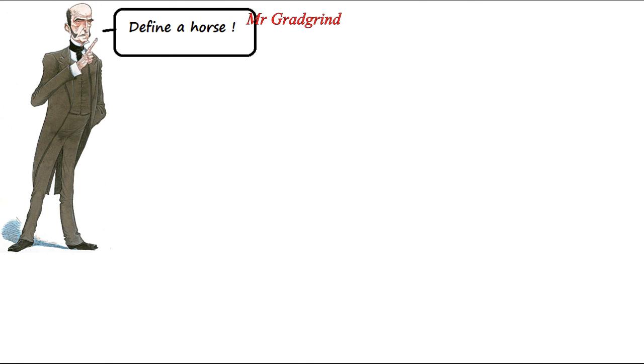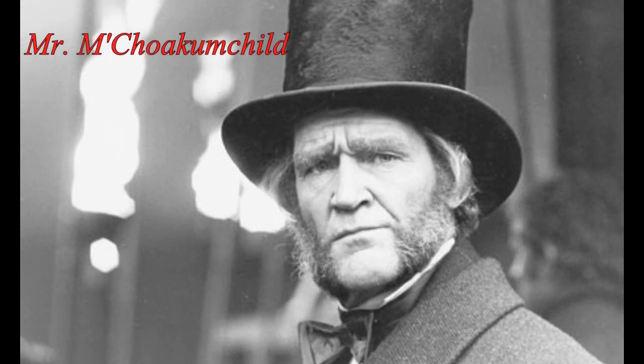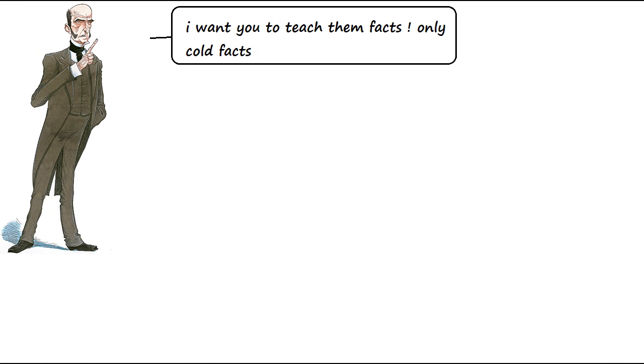He established a school. Okay, he hired a teacher who is called also Mr. McChoakumchild. So Thomas wanted the teacher to teach only cold facts and avoid any kind of imagination.